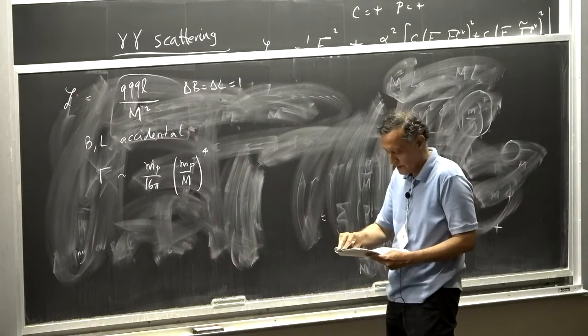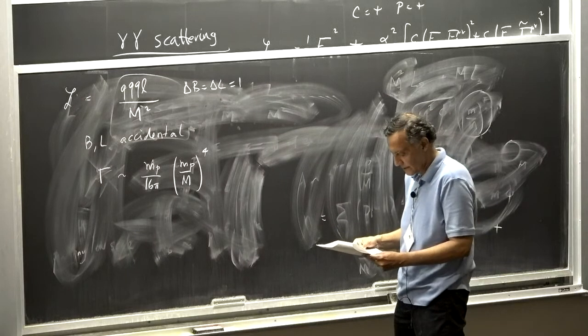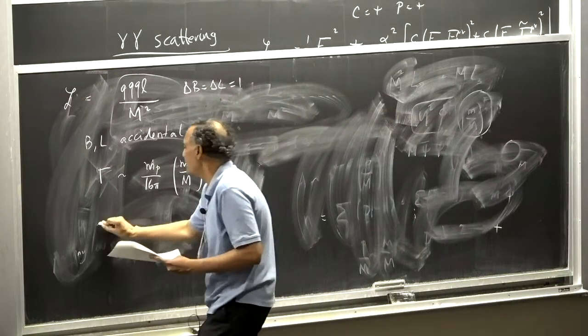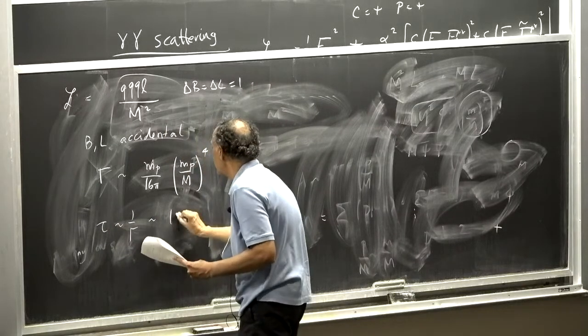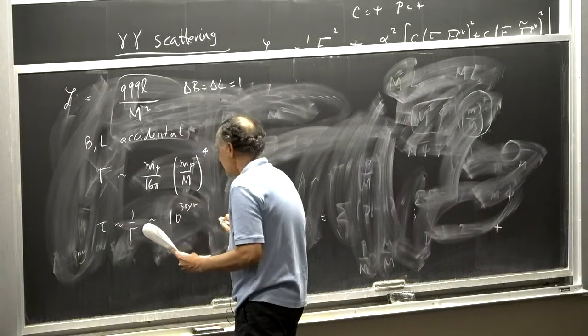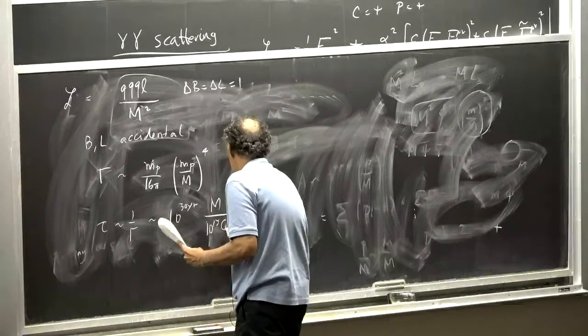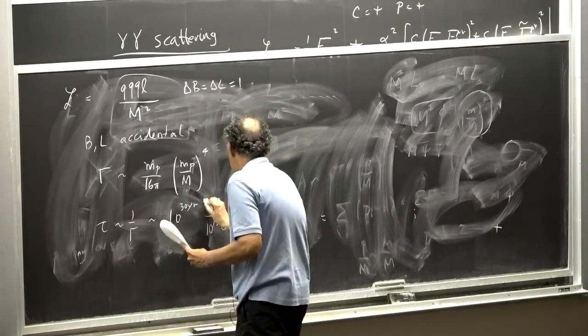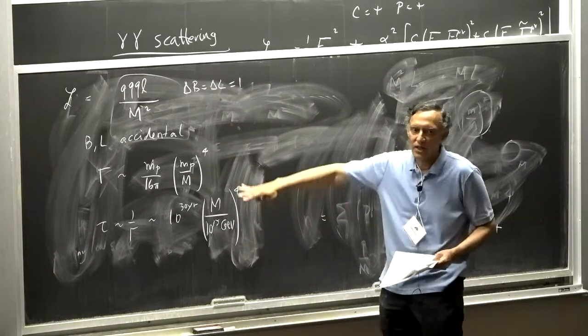Just to put in numbers, this tells you the lifetime of the proton, which is 1 over gamma, is 10 to the 30 years times M over 10 to the 15 GeV to the 4th power. So you naturally get a very long-lived proton.